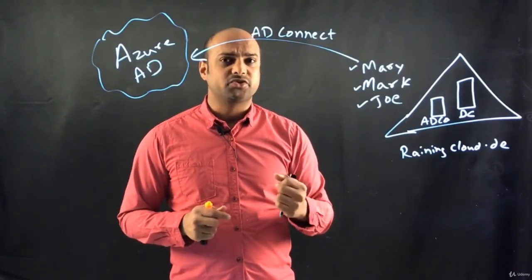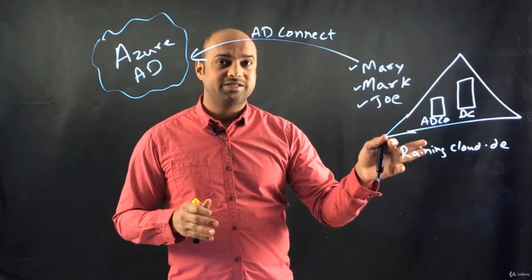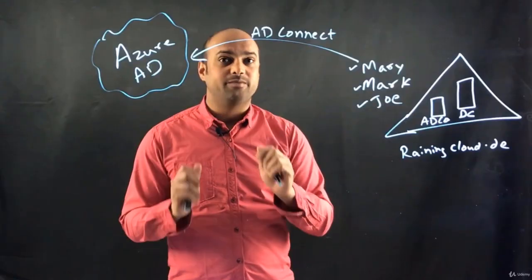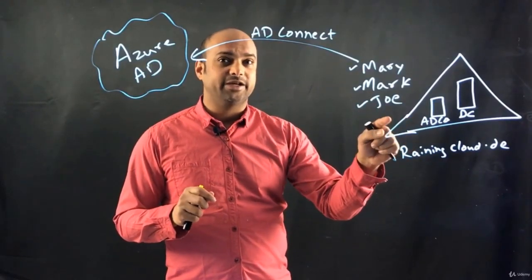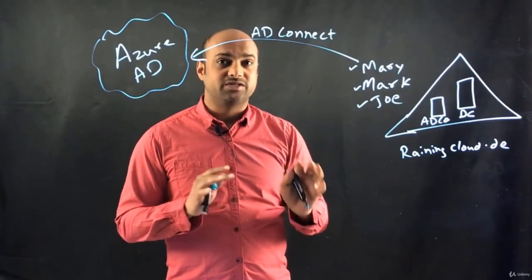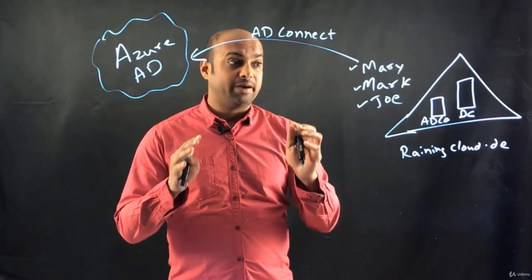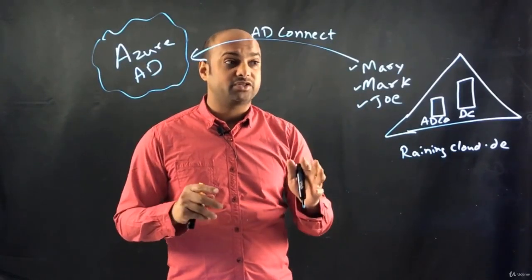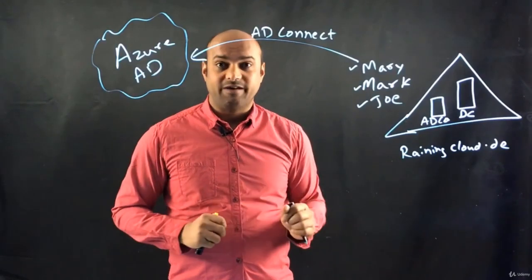Well, there is an option to synchronize passwords from cloud to on-premise. It's called password writeback, but you need to enable that when you're installing the AD Connect tool. Without that, the password does not get synchronized from Azure to on-prem. By default, the password hashes do get synchronized from on-prem to Azure AD, but not vice versa.